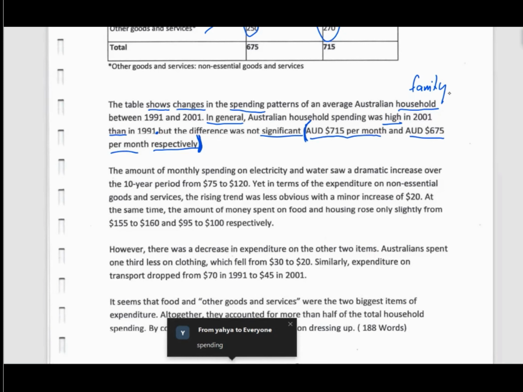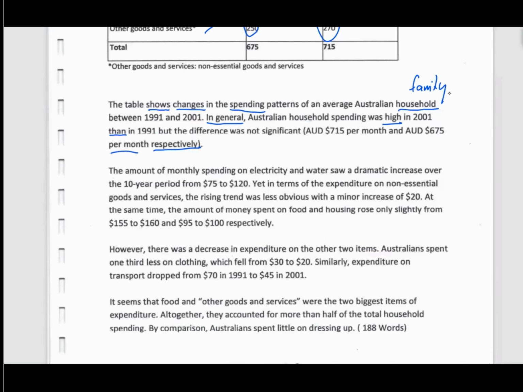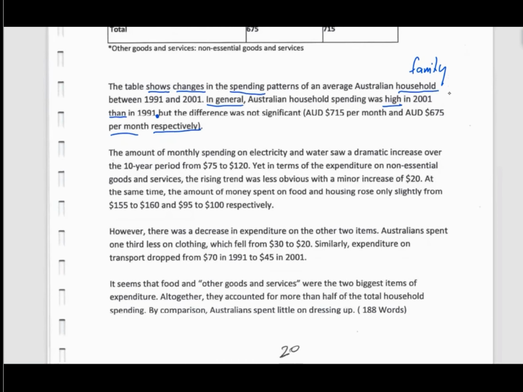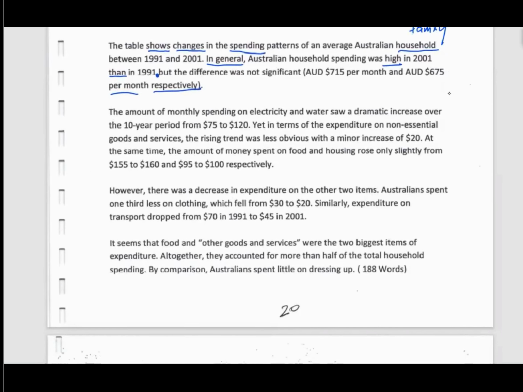He's just putting it to show that the difference was not that much. But that's not needed, actually. So you can end the sentence here after 1991. It might support your point for the reader.